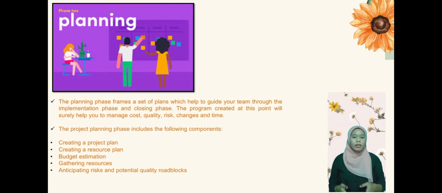The project planning phase includes the following components. Number one is creating a project plan. Number two is creating a resource plan. Number three is budget estimation. Number four is hiring resources and number five is anticipating risks and potential quality roadblocks.